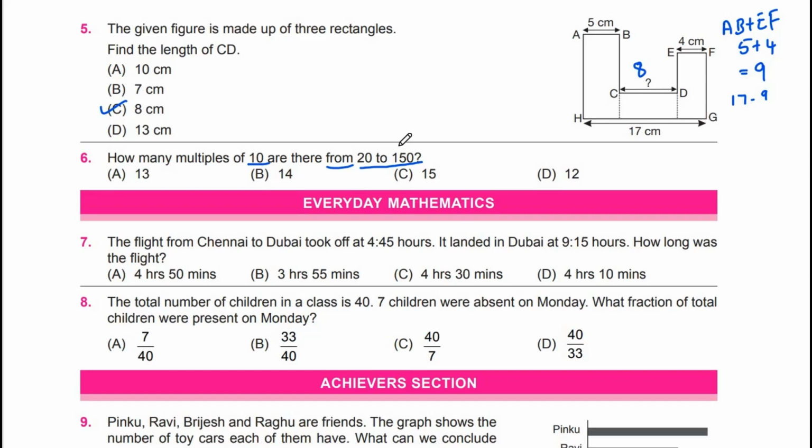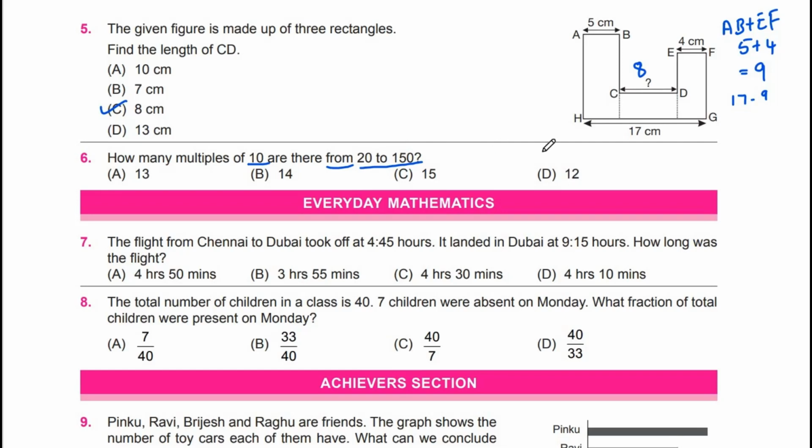If it was given between 20 and 150, the numbers given will not be considered. You will not consider 20, you will not consider 150. Since it is from, you will consider 20 and 150.